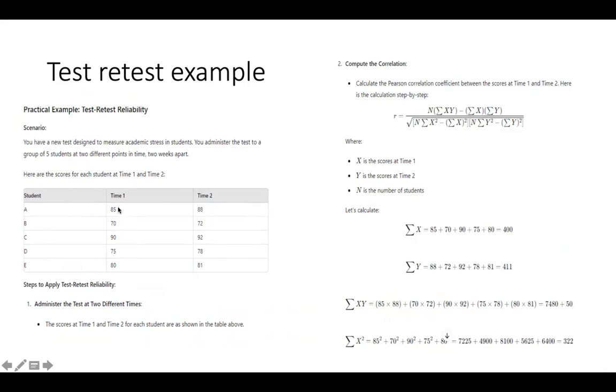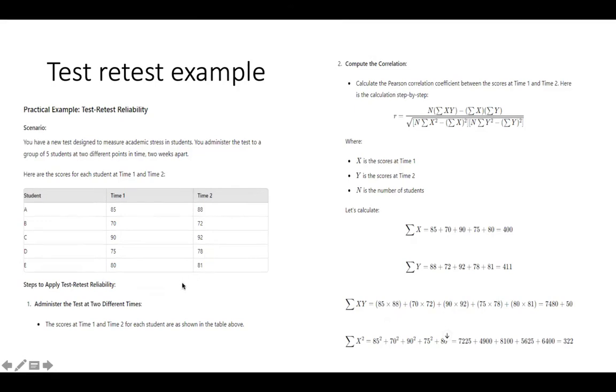The first time we get the results 85, 70, 90, 75, 80 respectively. Another time, after 15 days, we conduct the same instrument again, and it gives the results 88, 72, 92, 78, 81.